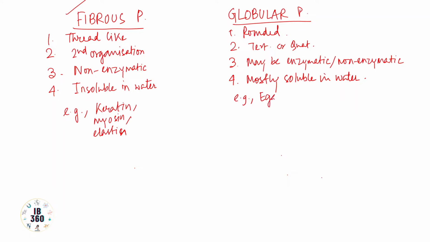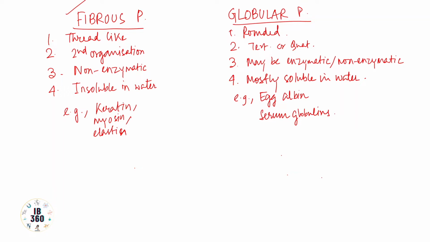The egg albumin is also a globular protein. Then serum globulins, gamma globulins and other immunogens are found in our blood. All those are globular proteins. In fact, glutenins of rice and wheat also are examples of large globulin proteins.